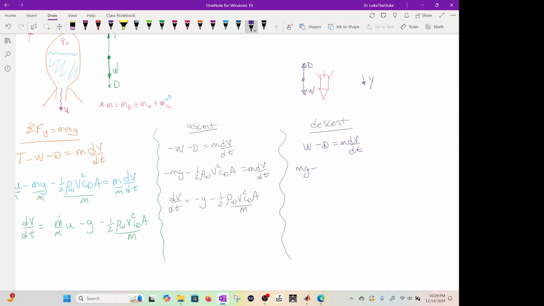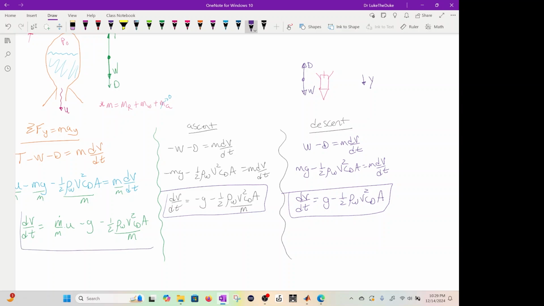We get mg minus 1/2 rho v squared CdA equals m dv/dt. So dv/dt equals g minus 1/2 rho_w v squared CdA over m. You notice these are different, so we have three sets of equations that we're going to have to solve.